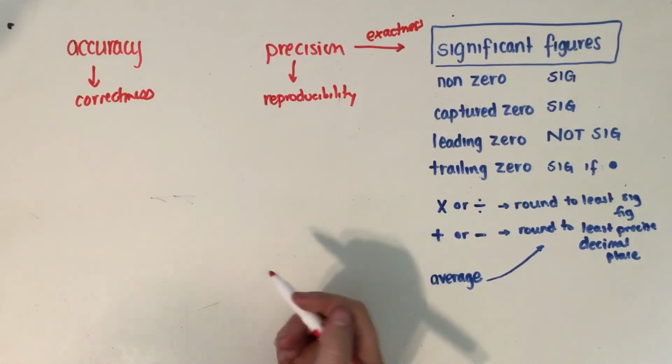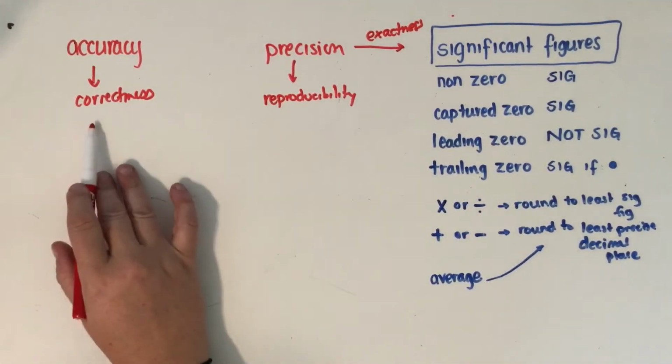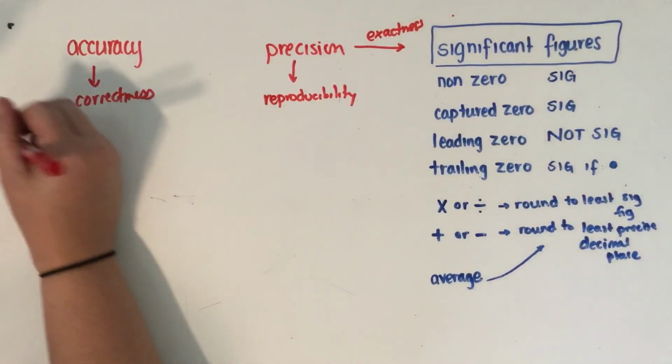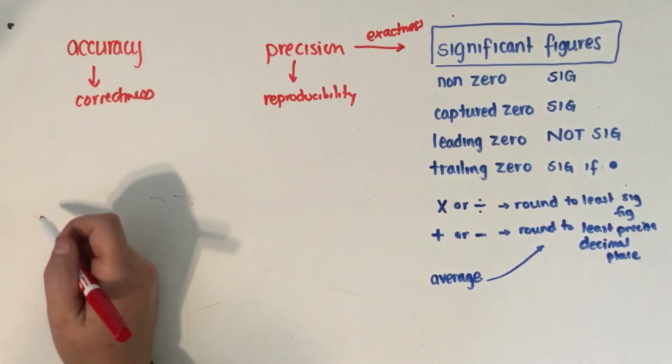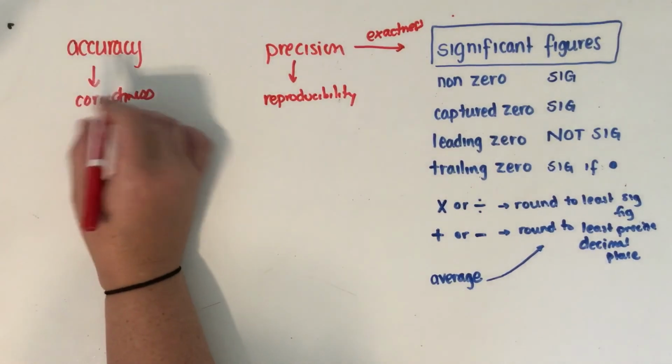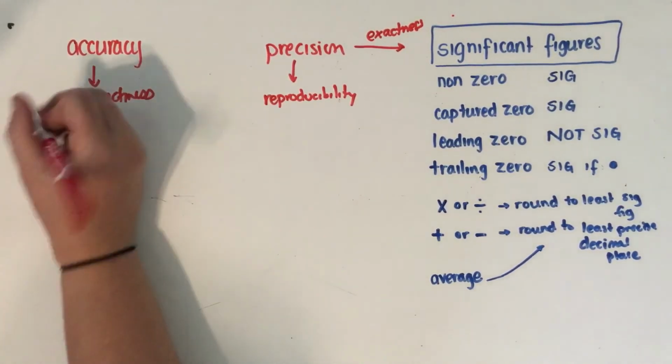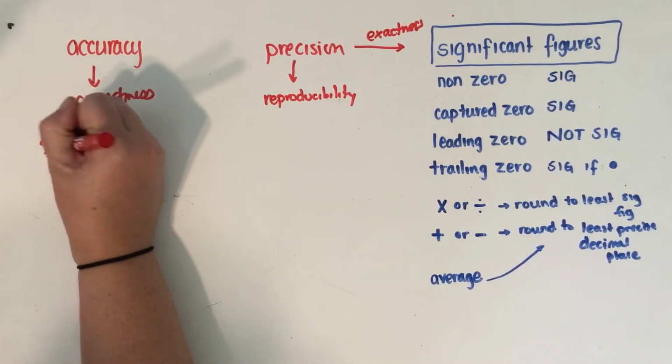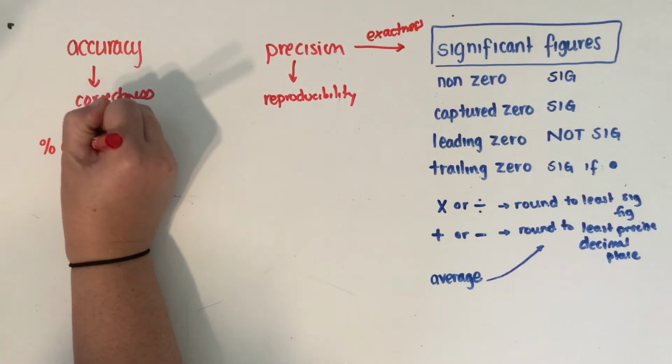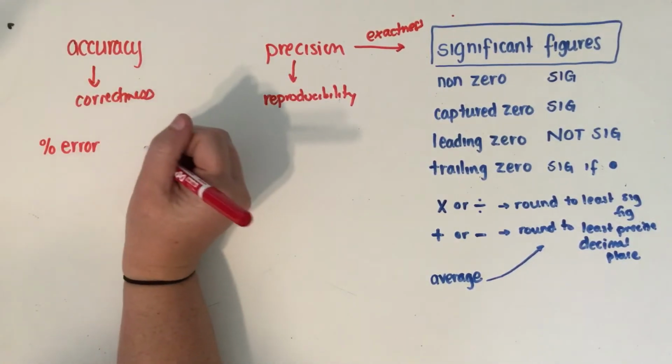The measurement that I'd like to preview with you deals with these two. And the first type of measurement, or really calculation, we can do to determine how accurate we are is called a percent error. And this is one thing you'll have to do in lab.